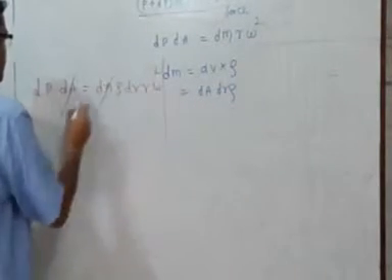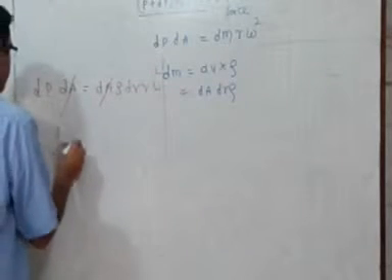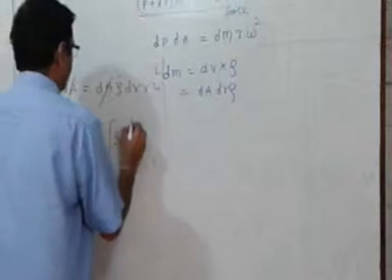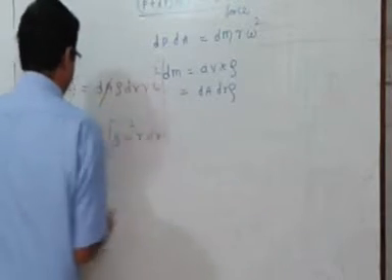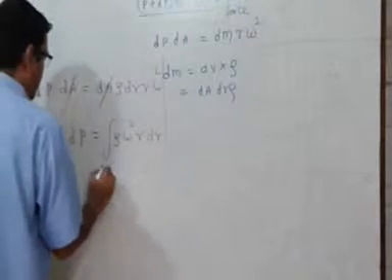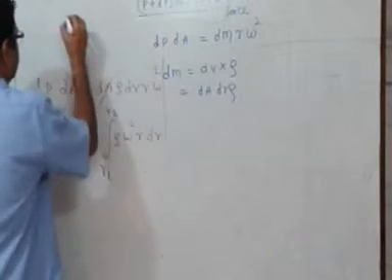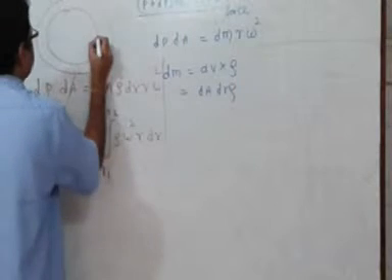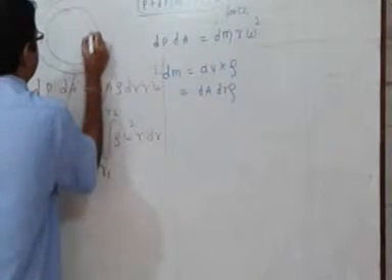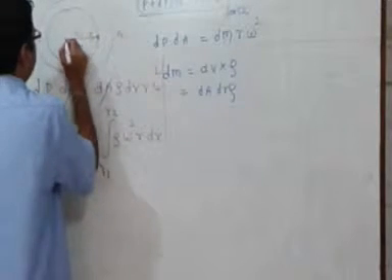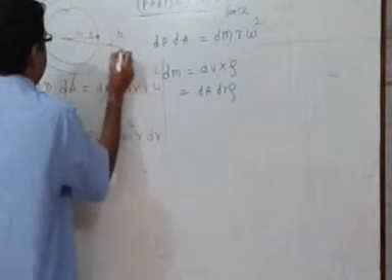dA will cancel. If we integrate it, we will get integral dP is equal to integration of rho omega square r dr. Let us integrate between the limits P1 to P2 and R1 to R2. Suppose here the pressure is P1, here the pressure is P2, here radius is R1, and at this point radius is say R2.